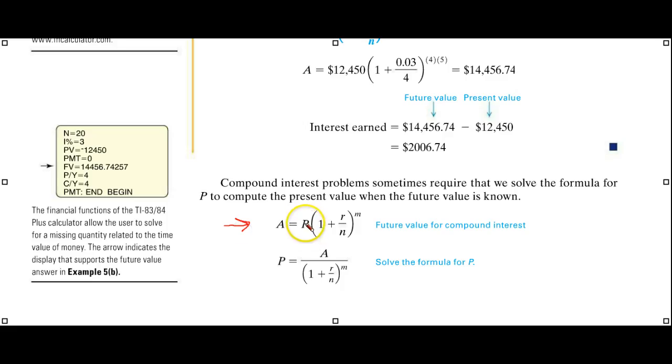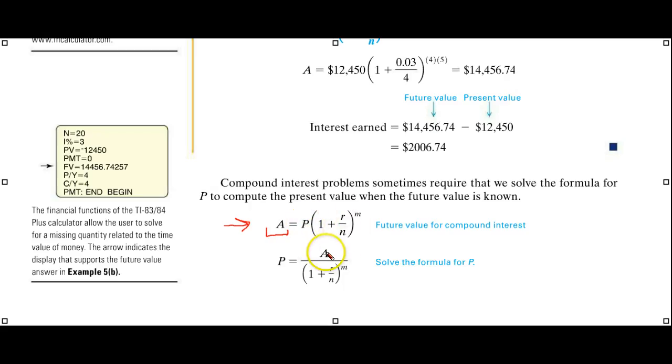But how about if we don't know the principal, but we do know the future value? How much would we have to invest to get this amount having this detail? Well, we could solve for the letter P. And we do that simply by dividing both sides by this.